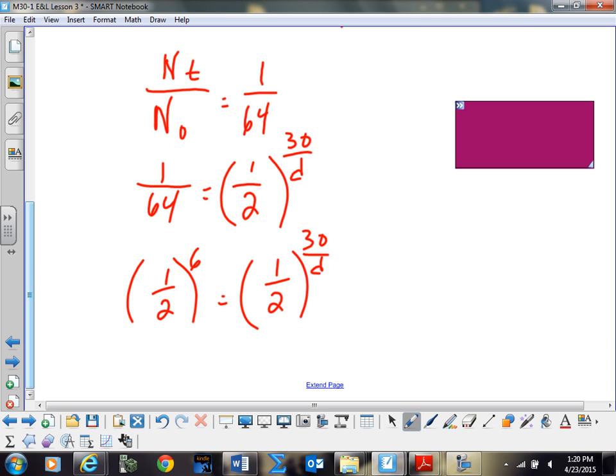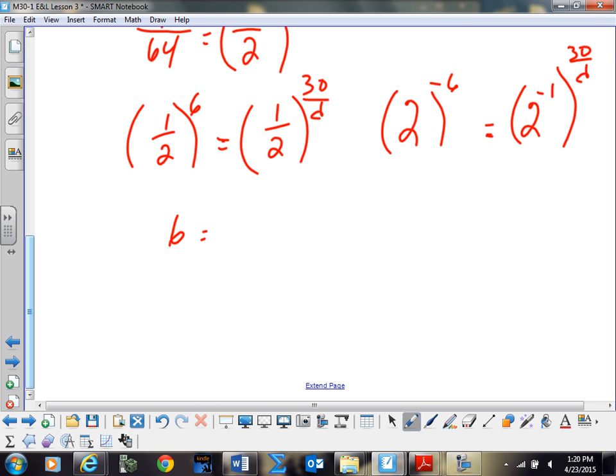So there we go. Now if I wanted to change this to base 2, I could do that as well. I could make this 2. 1/64 is the same as 2 to the negative 6. And 1/2 is 2 to the negative 1. Both of these equations will give me the right answer. So if I was working with the 1/2, I would drop the base and say D is 5.